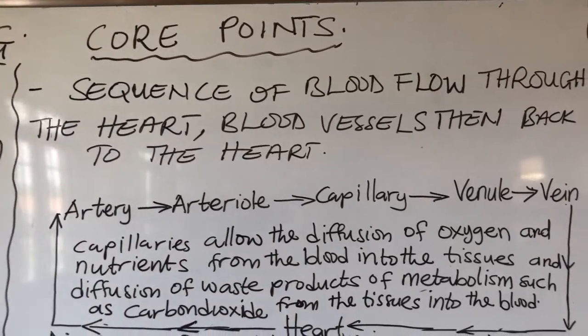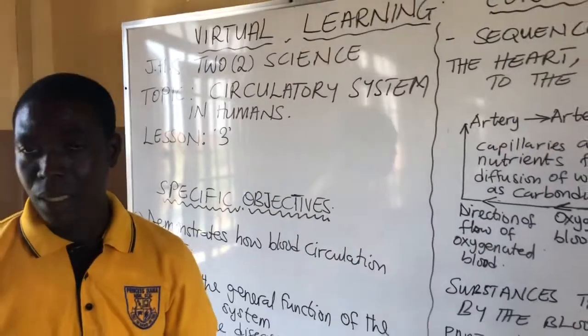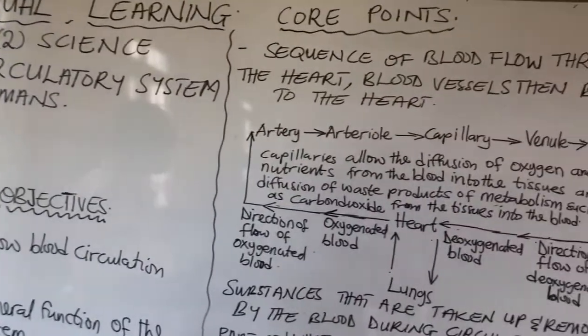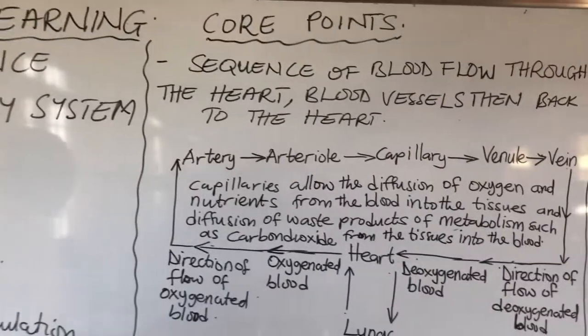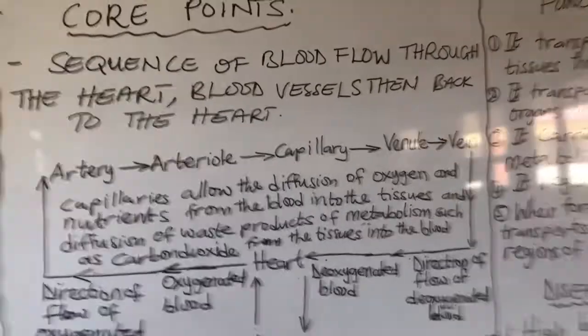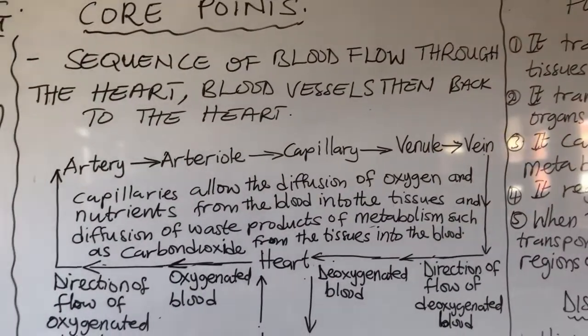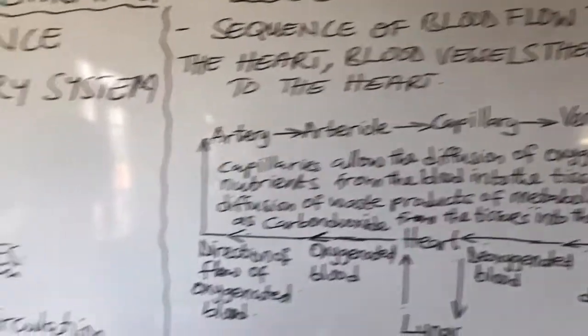During internal respiration, atmospheric oxygen is taken into the capillaries of the lungs, and oxygen in the capillaries of the lungs combines with hemoglobin of the red blood cells to form oxyhemoglobin.